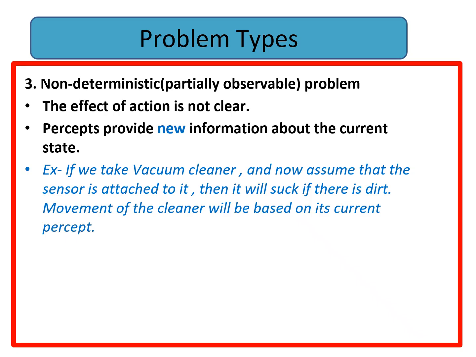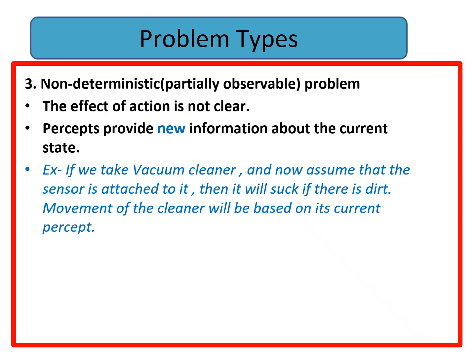So non-deterministic is one in which the effect of an action can be uncertain, and the agent has only partial information about the environment. The agent uses the percepts obtained from the sensors to update its knowledge and choose the future action. A vacuum cleaner with a sensor is a common example of the non-deterministic or partially observable problem.